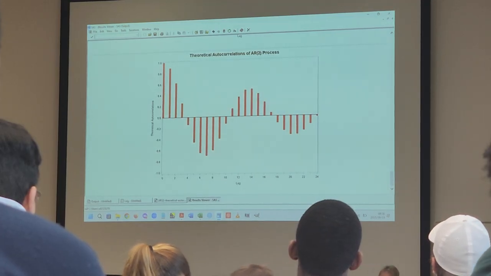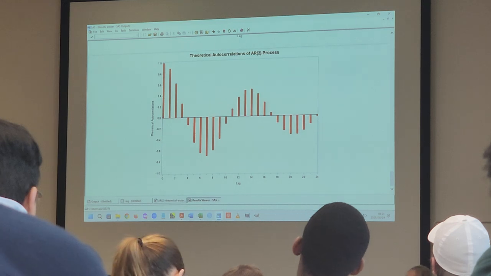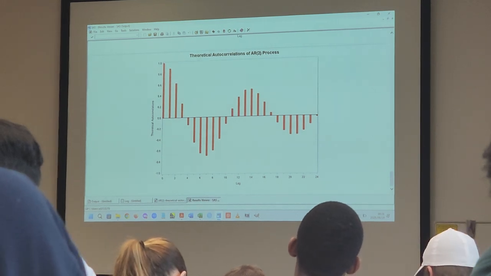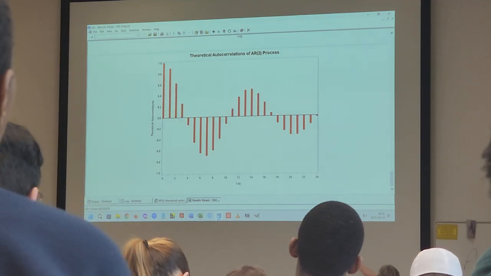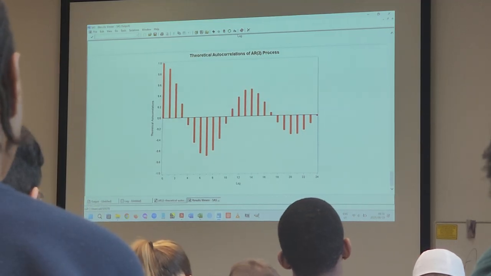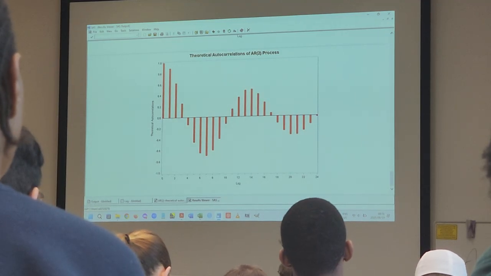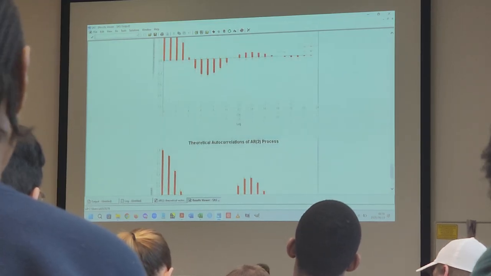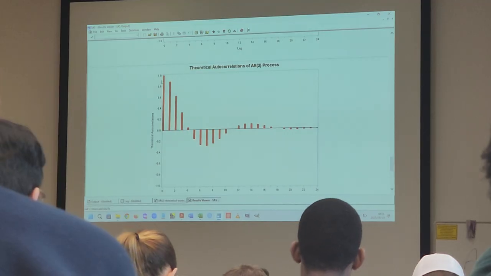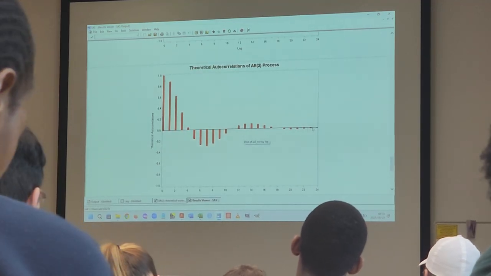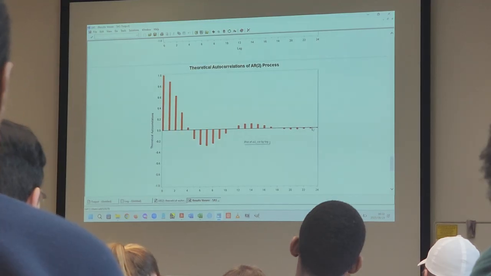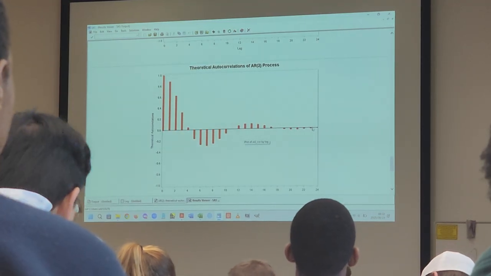So it's like a sine graph that we are getting, a sine pattern, trigonometry, but it's damped in that the amplitude or magnitude of these autocorrelations become less and less and less. Maybe we see it a little bit better here. There's a cyclical pattern, but it decreases in absolute value towards 0. So the cyclical pattern disappears.